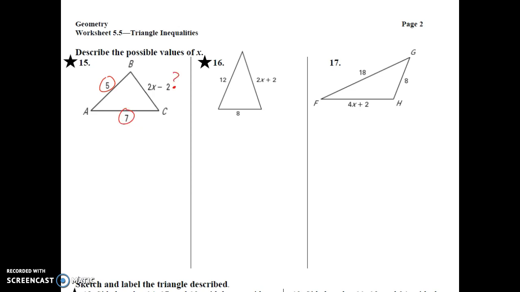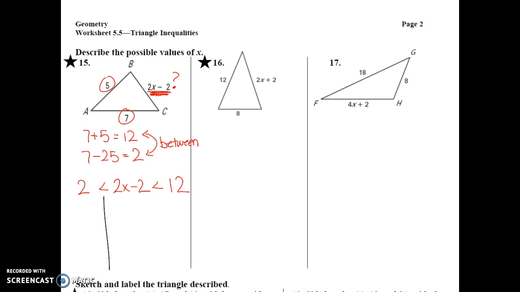So again, we take these 2 numbers and we add them together, and we subtract them, and I know that this third side right here has to fall somewhere between 12 and 2. But now we have an equation or an inequality that we need to solve. So we take that third side, 2x minus 2, and we put it between the other two sides.